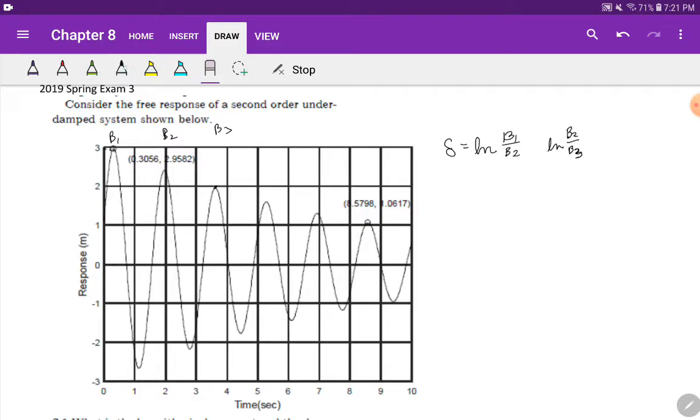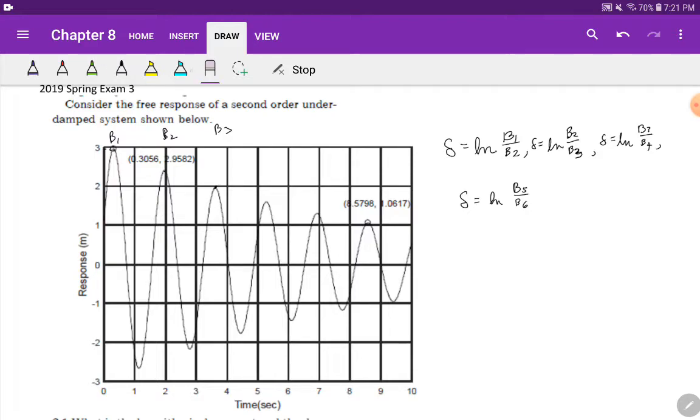Delta is also equal to the natural log of b3 to b4 and so on. So we have b1, b2, the peak number 1, peak number 2, peak 3, 4, 5, 6. B5 to B6.